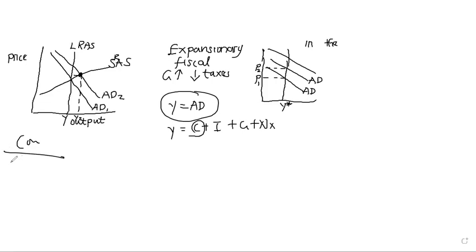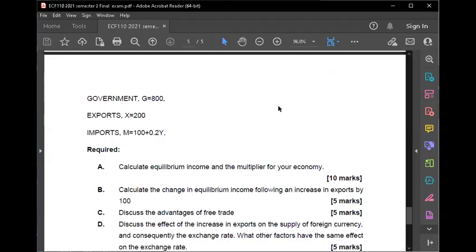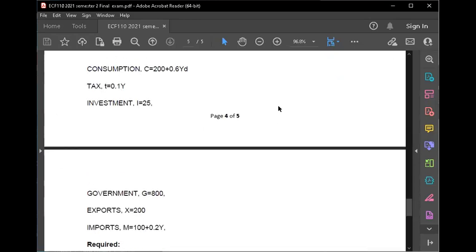By simplifying, we said you have your A plus your CY, isn't it? So you replace where there is that, you put the taxes. So for example, if you take a look at this question, our consumption function has been given as 200 plus 0.6 YD.